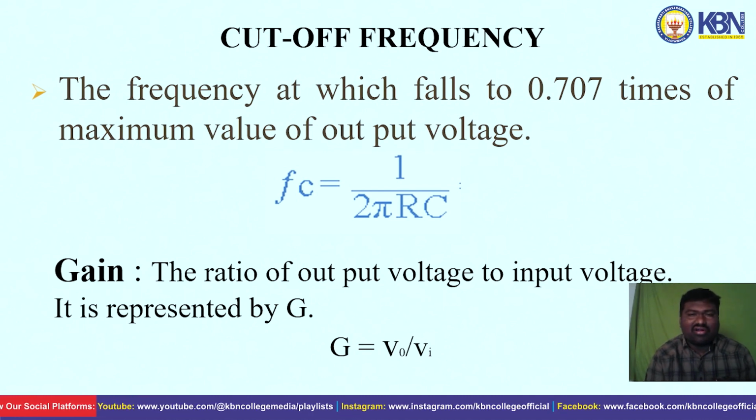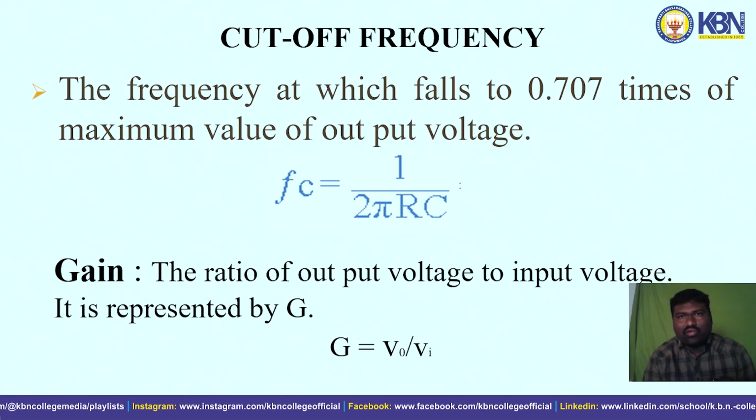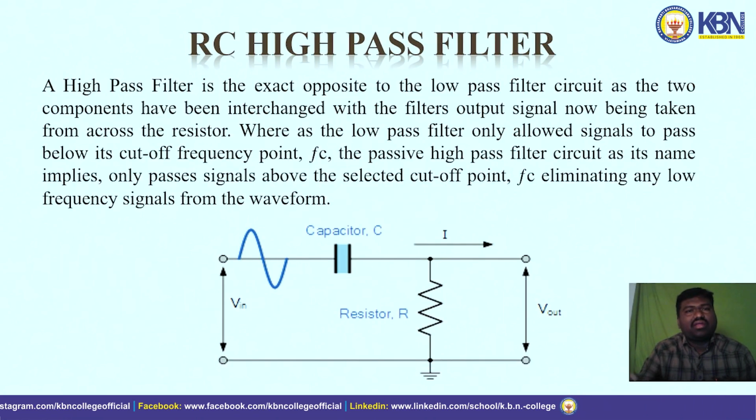Gain, the ratio of output voltage to input voltage, is represented by G, G equals Vo by Vin. The unit of gain is decibels, dB.